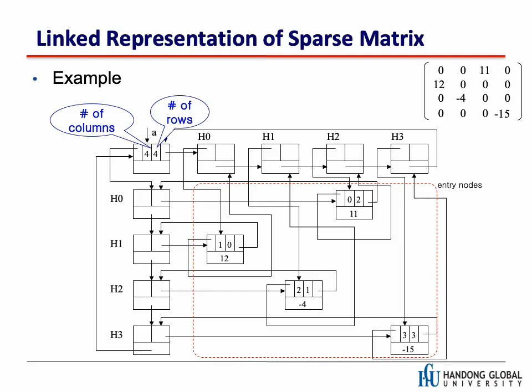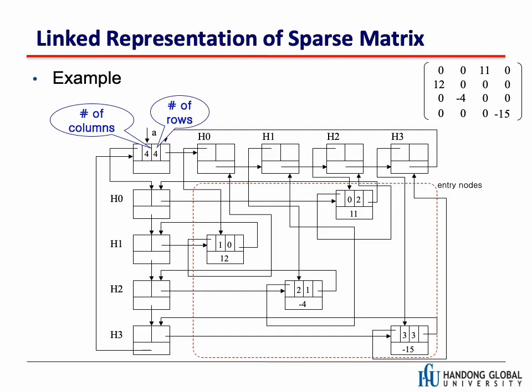Let's take a look at the first column. As I said, these header nodes are shared by the columns and the rows. That's why we have H0 on the column and H0 on the rows. From H0, the down pointer is pointing to 12, I'm talking about the value. 12 is the first non-zero element of this column.